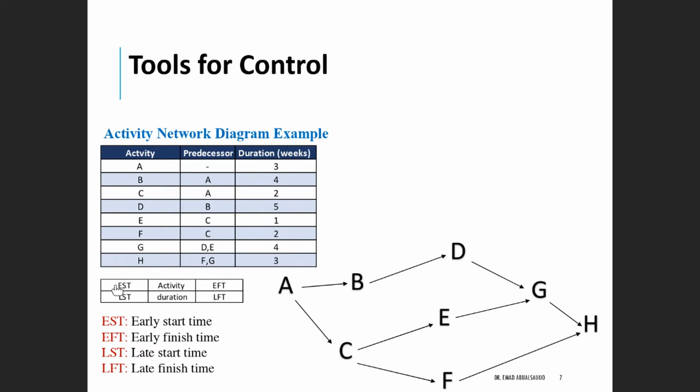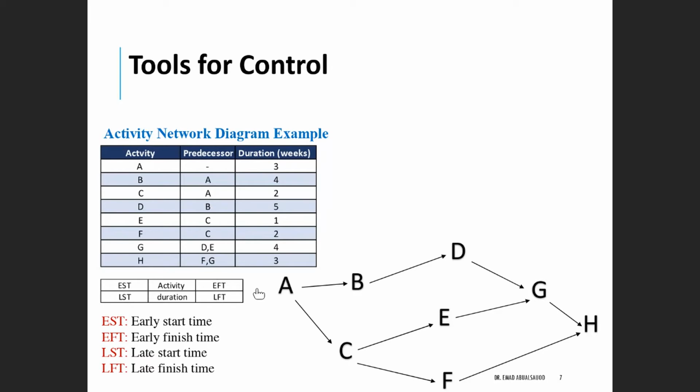The first cell here in the top left corner is EST, which is the early start time, meaning the earliest start time for the activity that you are going to work on. The activity, you will replace it with the letter that you are placing the table on.